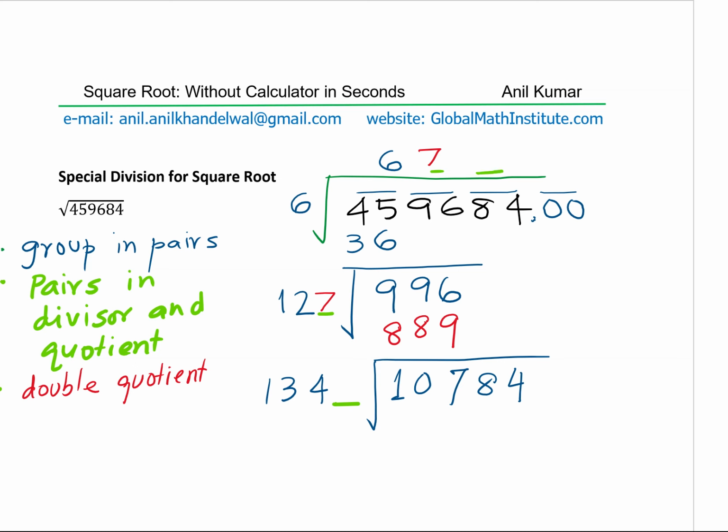What could be that number? So definitely that number could be pretty high. If I try 9, 9 times 3 is 27, and when we add 2 to 9, we get 11. So we cannot take 9, but definitely we can use a number which is 8, a bit less than 9, right? So let's try 8.